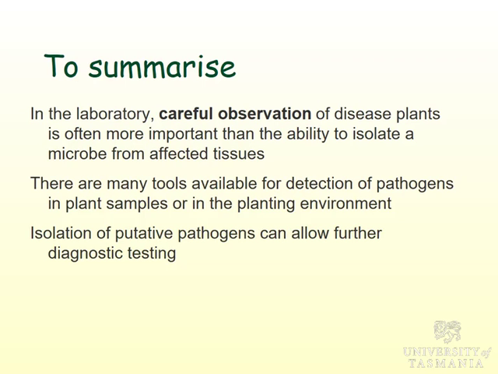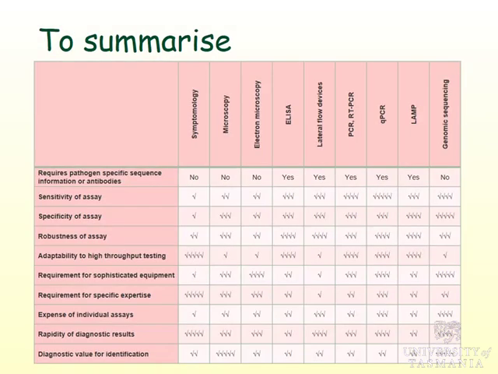For many fungi, those sporulating structures might be present on the plant, but not on your isolated pathogen. Other than that, there are many other tools for detection of plant samples, either in the plants or in the environment. You can isolate them for further characterization, or you can use some of these other tools.